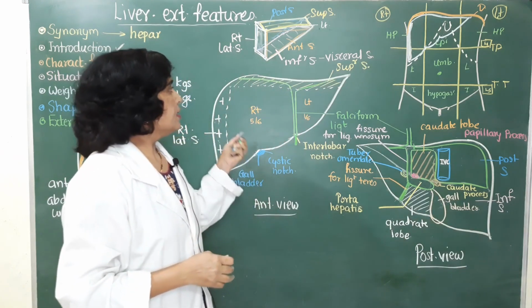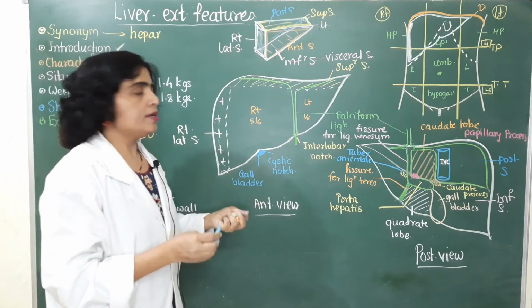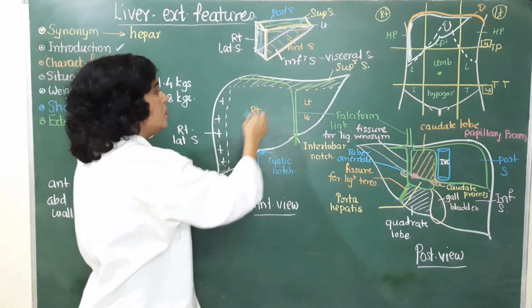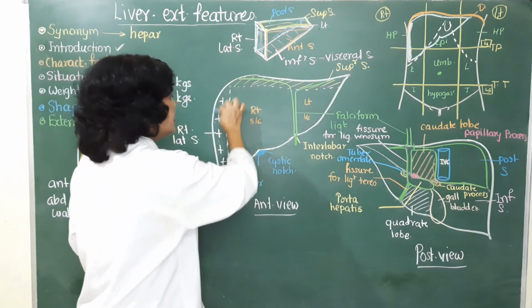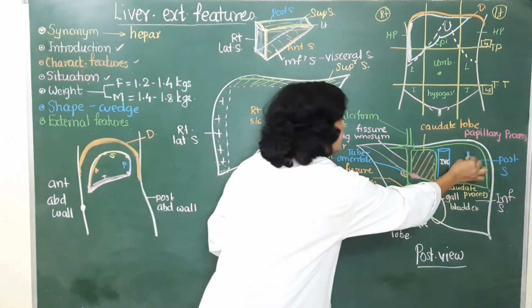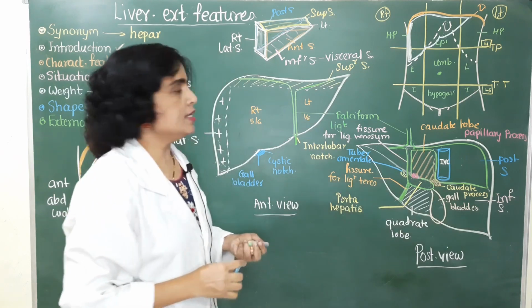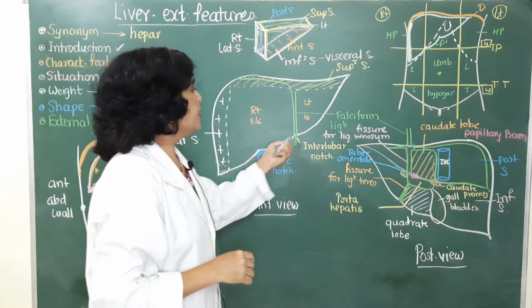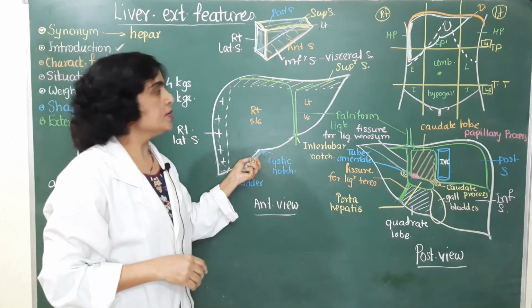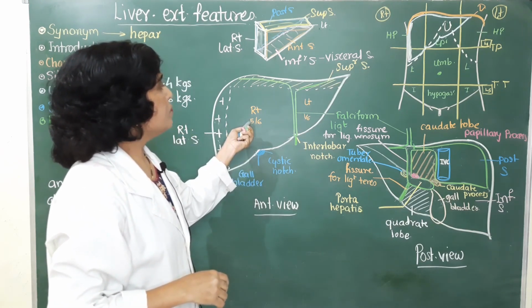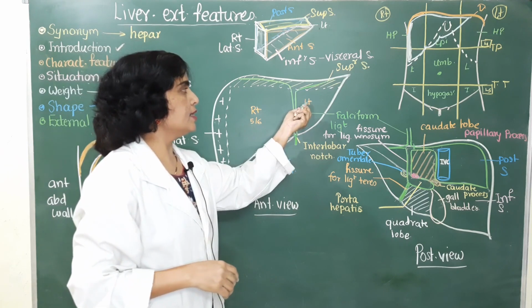In short, to revise the external features of the liver: the liver is a wedge-shaped organ. It has 5 surfaces: anterior surface, superior surface, right lateral surface, posterior surface and inferior surface. It has a sharp inferior border with interlobar notch and the cystic notch. The right lobe of the liver forms 5/6 of the liver, and the left lobe is small.